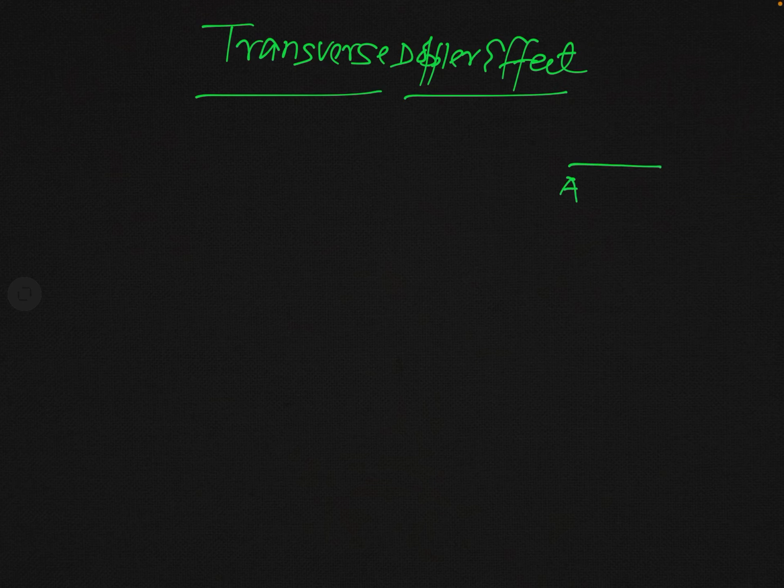When you say transverse Doppler effect, what does it mean? Let us say A is our observer and L is the source of light, and if this source of light is moving on a line at right angle to the line joining the source and the observer, then you can see if the source is moving in this upward direction, then this theta will be equal to pi by 2, and if the source L is moving in this downward direction, then this theta will be equal to 3 pi by 2.